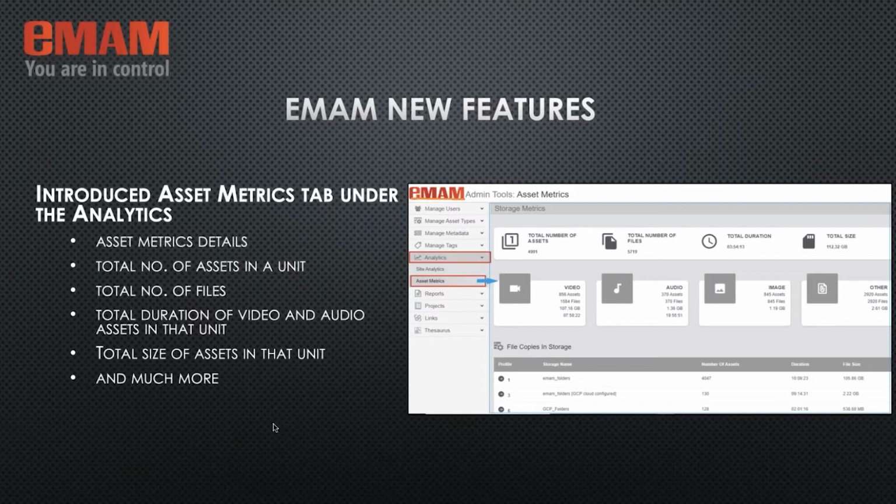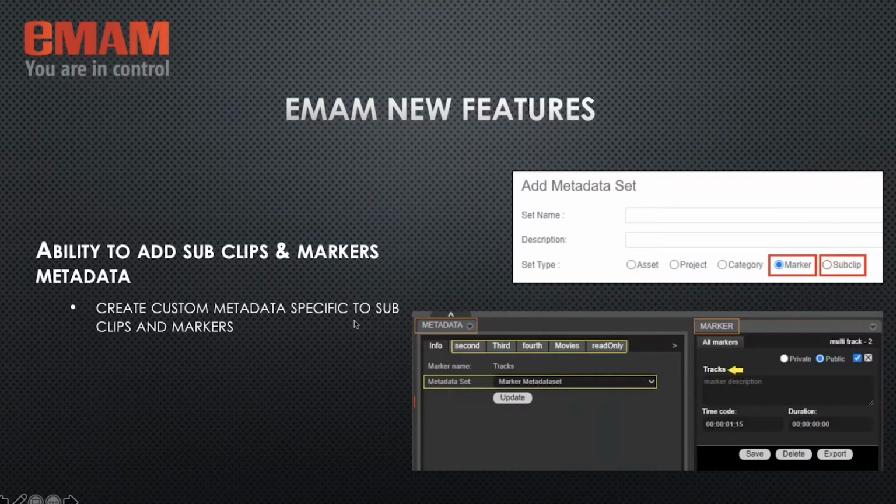So as you look at the system, maybe wanting to expand the Emam system or hardware, adding more hardware and adding more license features within Emam to support your needs. But this gives you a good window into exactly where you stand with the number of assets and files and things that you have in your Emam system. So quite easy there to look at.